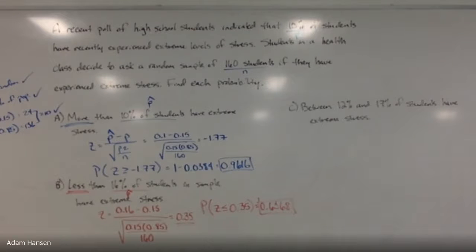I have two percentages. What do we have to do with those? Find the z-scores for both of them, look up those respective probabilities, and then take the difference. What's between 12 and 17% will be the difference in those two probabilities from your z-table.